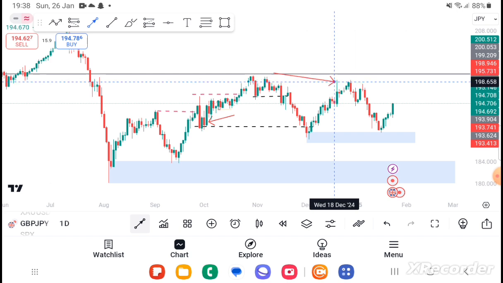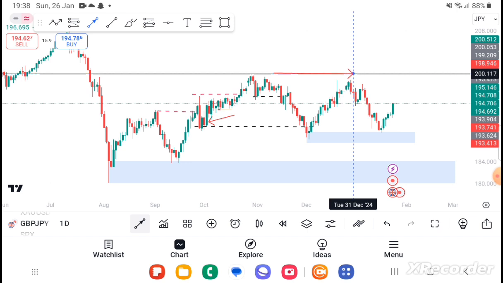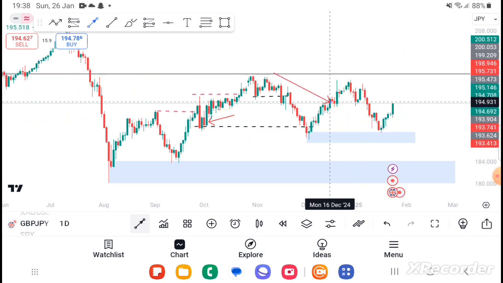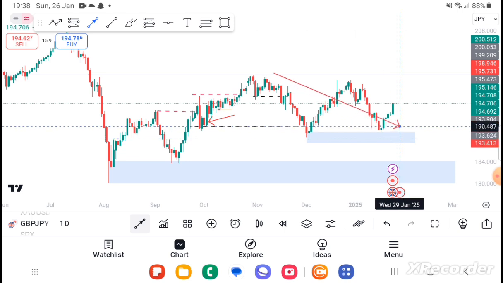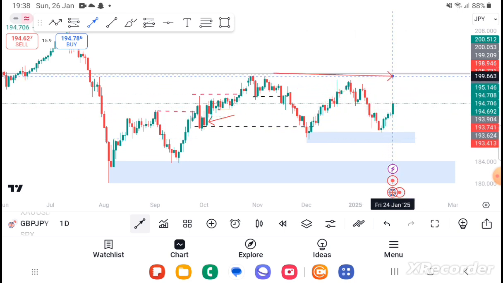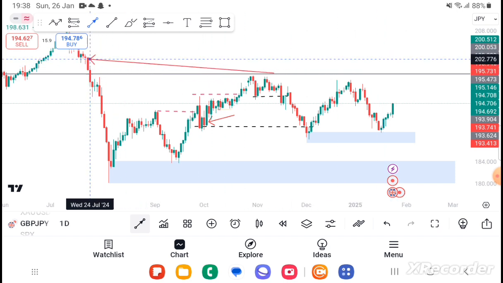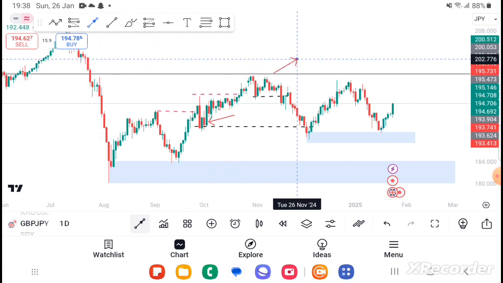Okay, it took out liquidity over there and then sold off to the bottom. So most likely price is going to head to this level, and possibly break to this new area. Okay, this is a target for price.